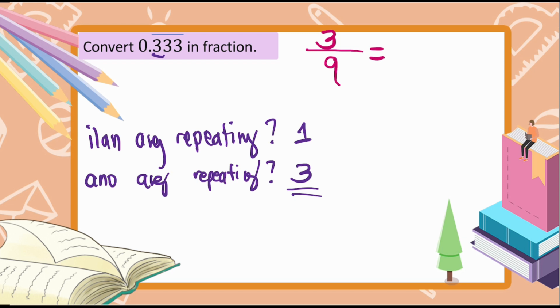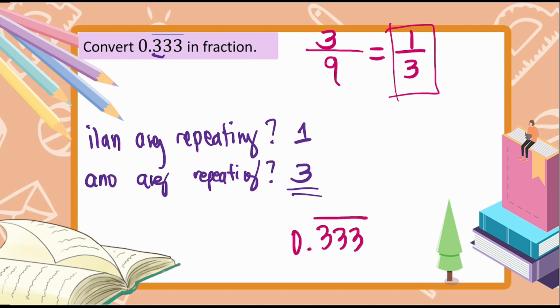So, the lowest term of 3 over 9 is 1 over 3, dahil the common factor of 3 and 9 is 3. So, 3 divided by 3 is 1, and 9 divided by 3 is 3. Kaya, 1 over 3. Therefore, 0.333, which is a repeating decimal, is equal to 1 over 3.